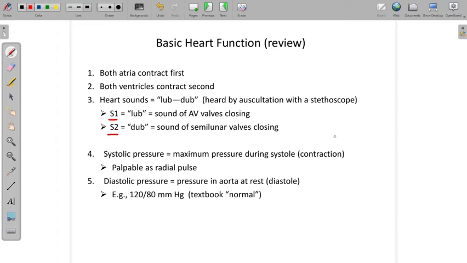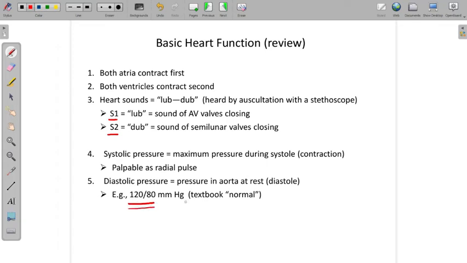Okay, the diastolic pressure is the pressure in the vascular system when the heart is at rest, right before it contracts again. So it's the lowest pressure in the system closest to the heart. And typical textbook blood pressure, 120/80.